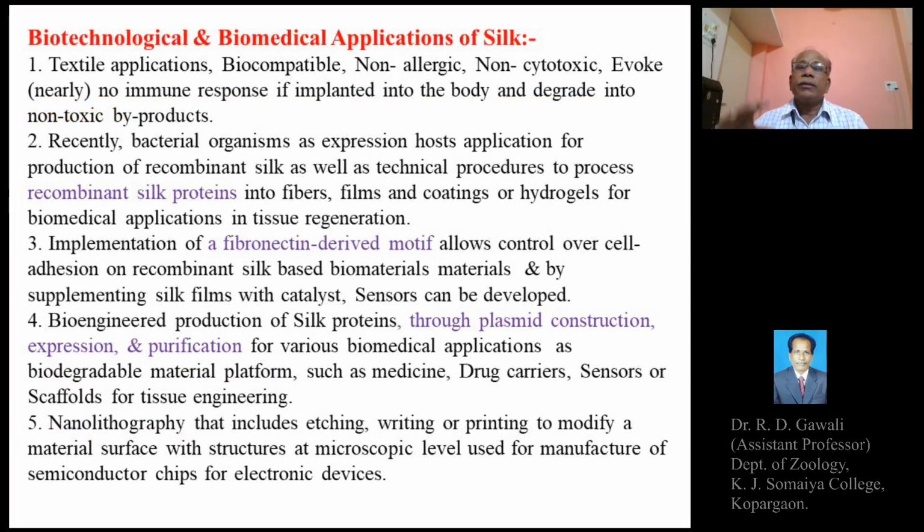Now we will explain in detail the biotechnological and biomedical applications of silk. The first application of silk is textile applications. Just like we have already explained, silk is used for the preparation of different types of fabrics, which are then used for the preparation of different types of garments for human use.